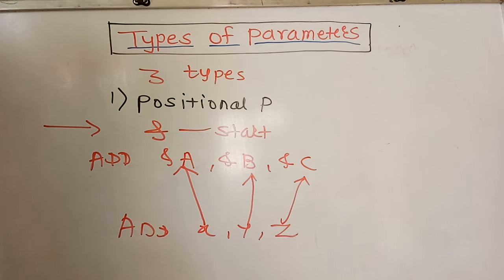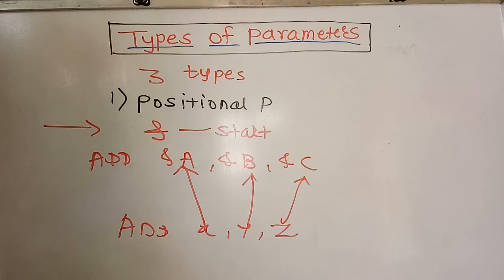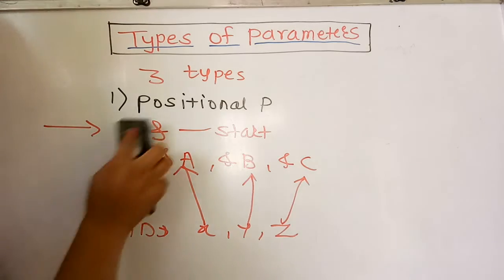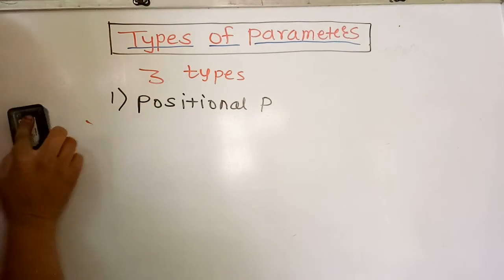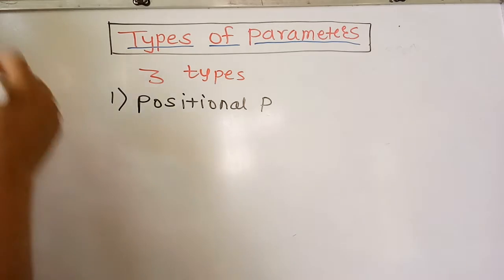Similarly, the first is replaced with the first formal, second is with the second, and so on up to n it will happen. For demonstrating it, we will take a simple example to show how it actually performs.